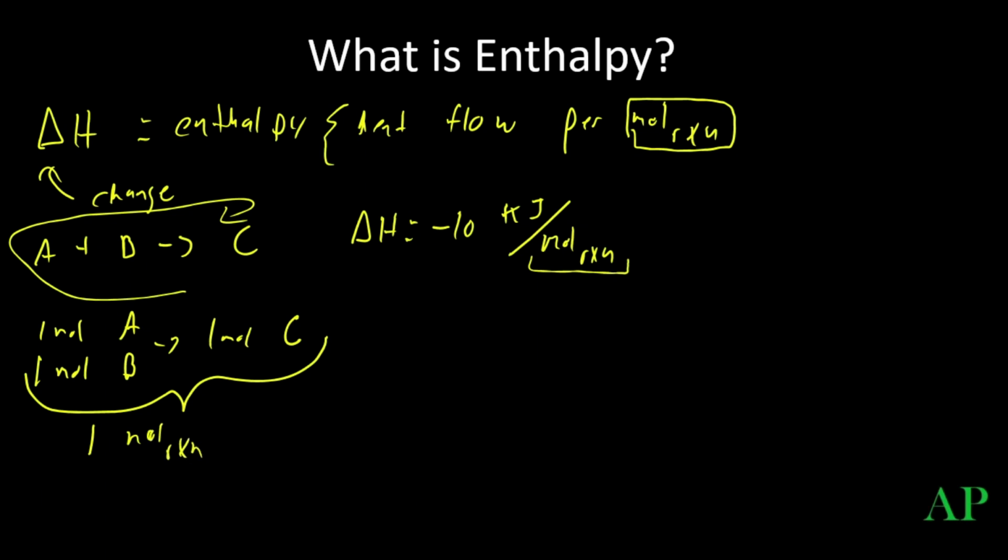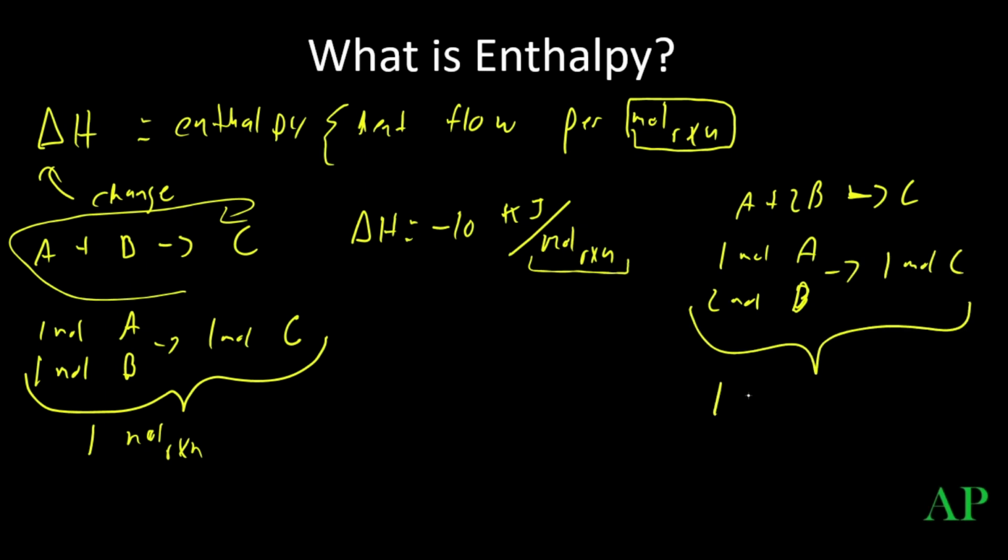So 1 mole of reaction by definition will have 1 mole of A and 1 mole of B reacting to form 1 mole of C. If the equation was written out slightly differently, so in this case I would have 1 mole of A and 2 moles of B reacting to form 1 mole of C, now 1 mole of reaction would be defined as the one that uses 1 mole of A and 2 moles of B to make 1 mole of C.